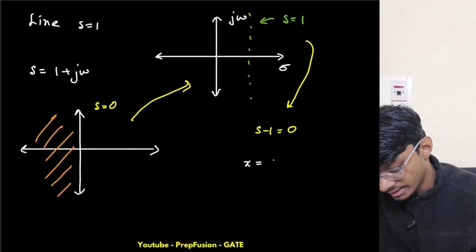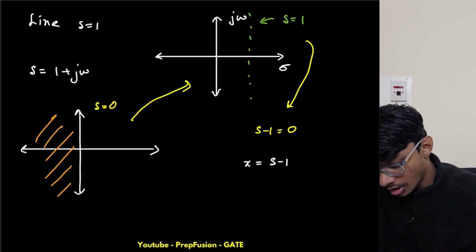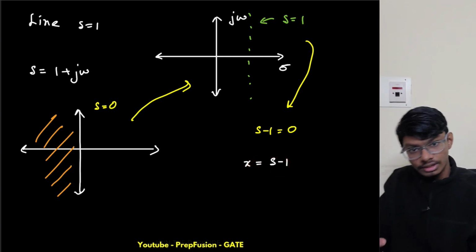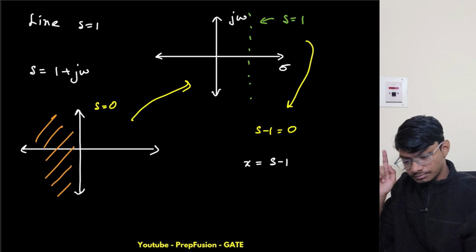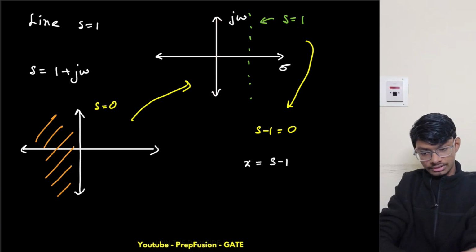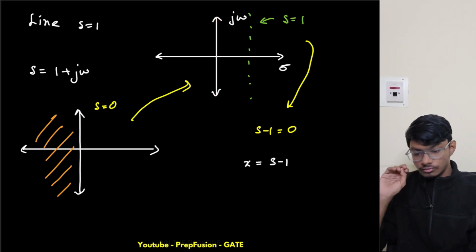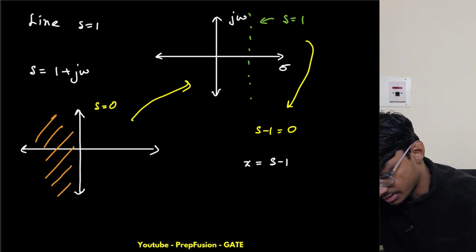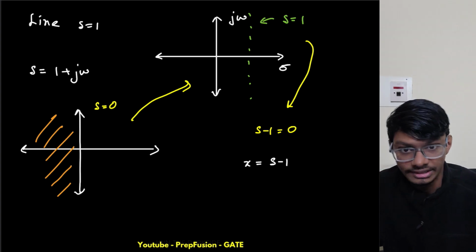If I name some variable x which is equals to s minus 1, then if I put s equals to 1, it will always be around the 0 axis line. So I will change the axis, I will map this function. Basically this is used in Nyquist.